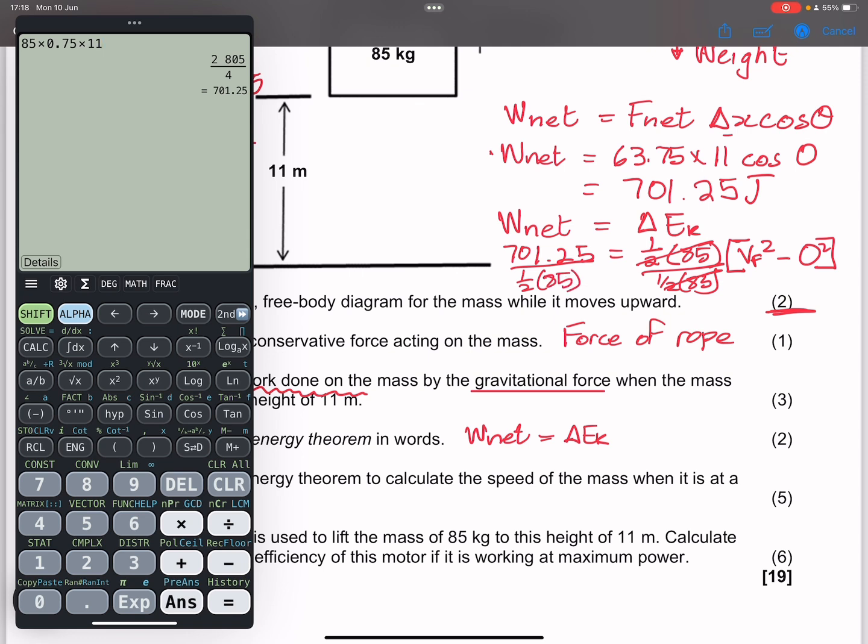So I said this is 701.25, divided by 0.5 times 85. And please, ladies and gents, I hope that you continue to verify if my answer is correct. So I get 16.5 as my final answer, and now I'm going to take the square root of that. I get 4.06.